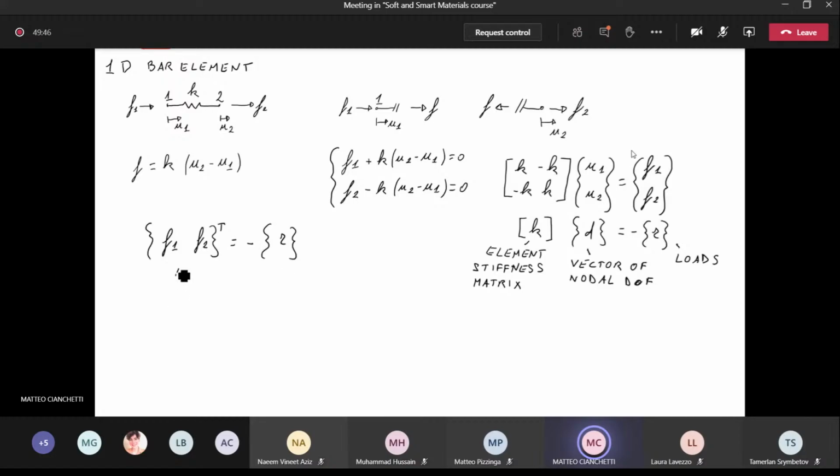Because this vector describes the forces that are applied to the element. R, instead, is the force that is, in a way, experienced by an element that is connected to the structure nodes. And that's why there is this minus. That's why this equation also holds.